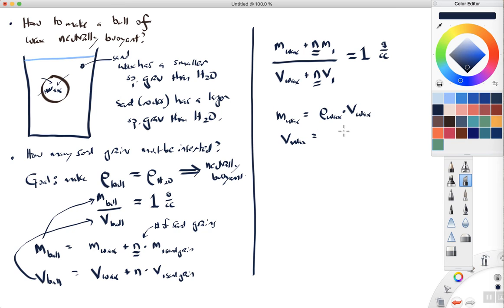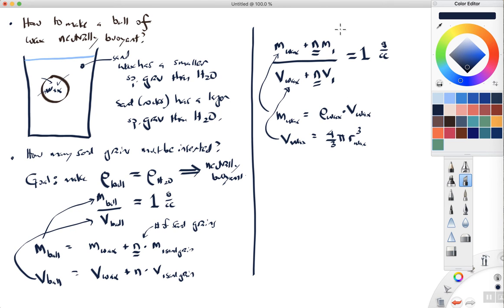Well, if it's a ball, I guess we could use the equation of a sphere. The volume of a sphere is 4/3 pi times the radius of the wax ball cubed. You may or may not remember that formula. 4/3 pi r cubed is the volume of a sphere. Okay, and what else do we need to put in here? So that's going to go in up here. The volume of the wax is going to go in there.